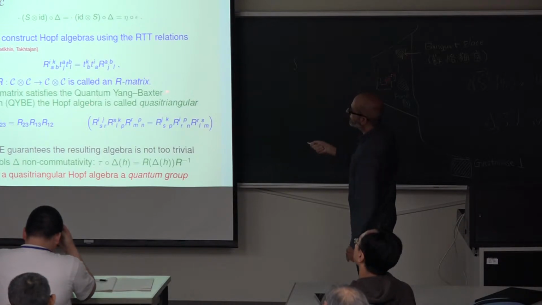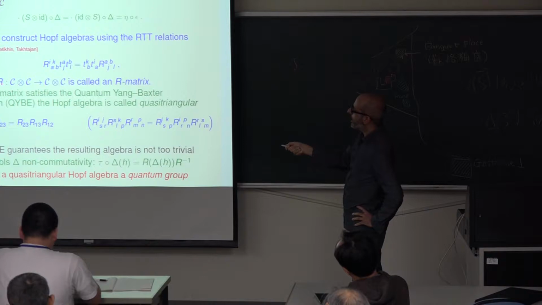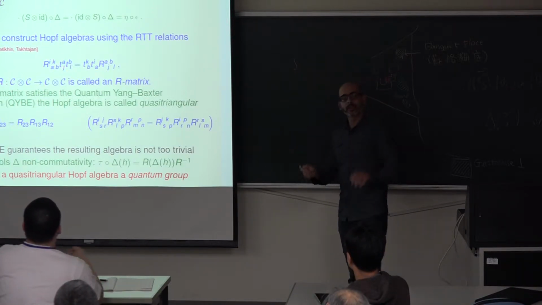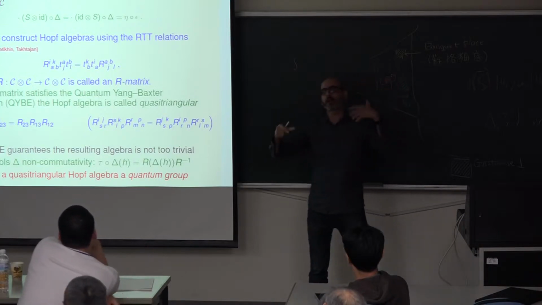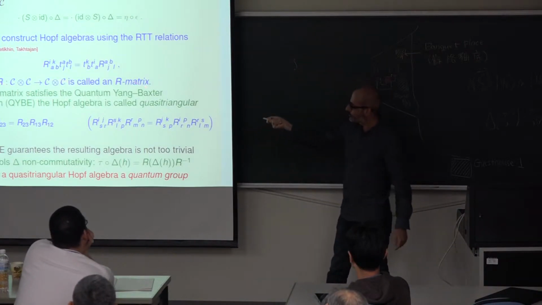But the important thing from my perspective is that you can construct Hopf algebras using a matrix R, which has four indices. It acts on two copies of my algebra. A matrix, of course, has two indices because it acts on one copy of some vector space. This has two copies of that, so it acts on two copies of a vector space.